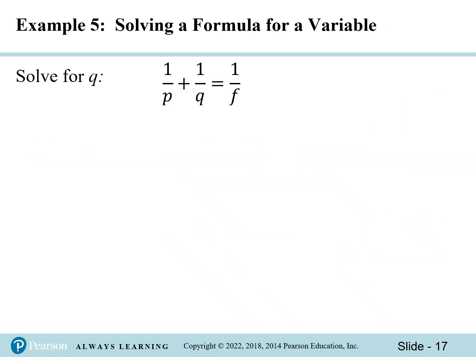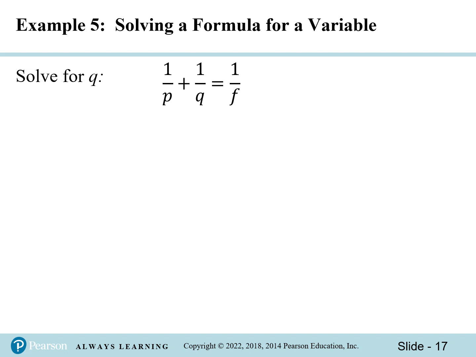And then going back to those literal equations, we are solving for a variable, so we have to get all the other variables to the other side of the equation. So if I'm solving for Q here, 1 over P plus 1 over Q equals 1 over F. Okay, and this is an actual equation based on glasses.